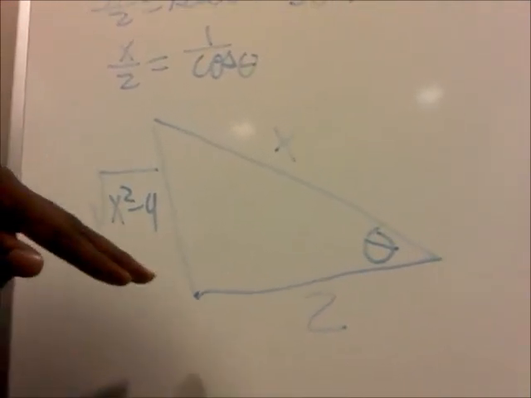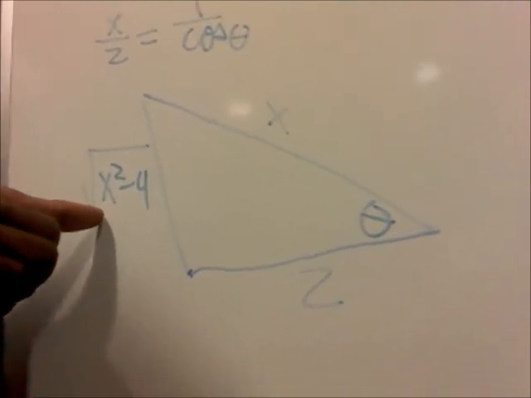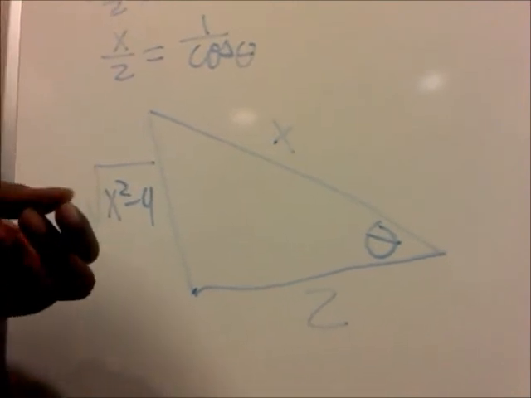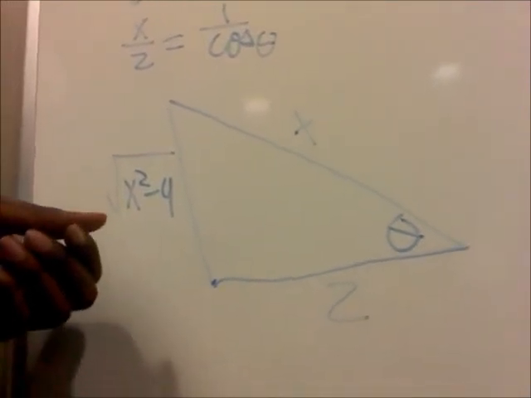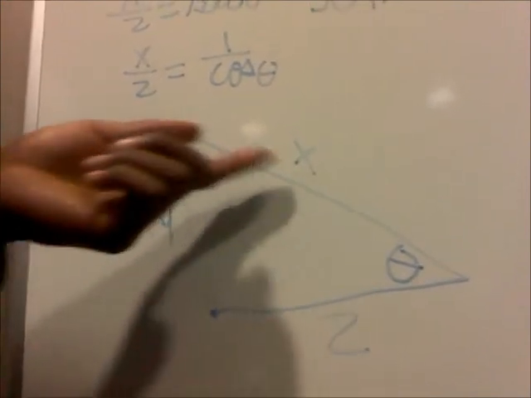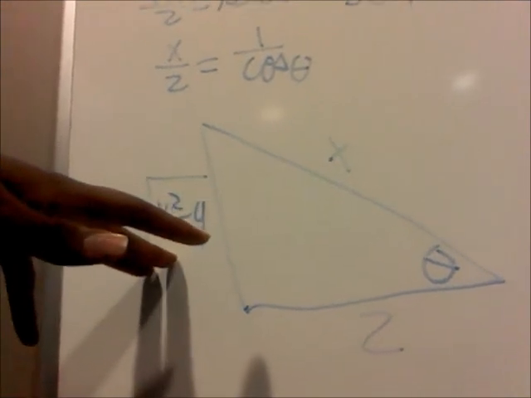So the 4's will cancel out, and I'll be left with just x squared, which is supposed to equal c squared. If you take the square root of x squared, you get x, which is c. So you know that this side is the square root of x squared minus 4.